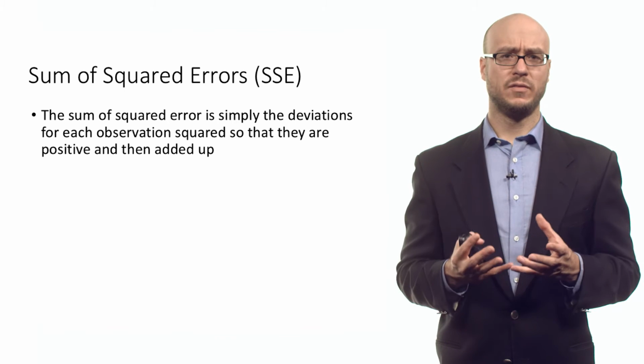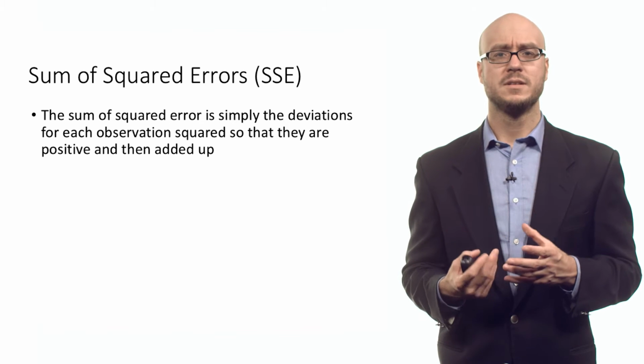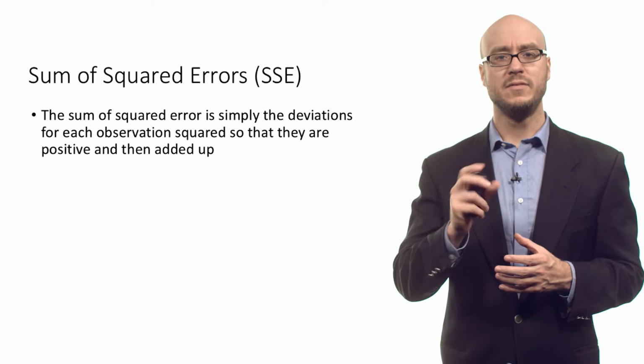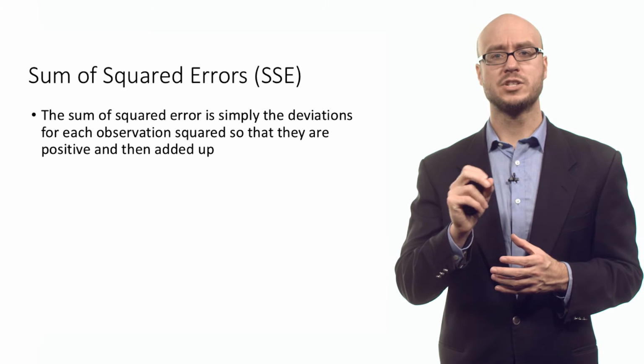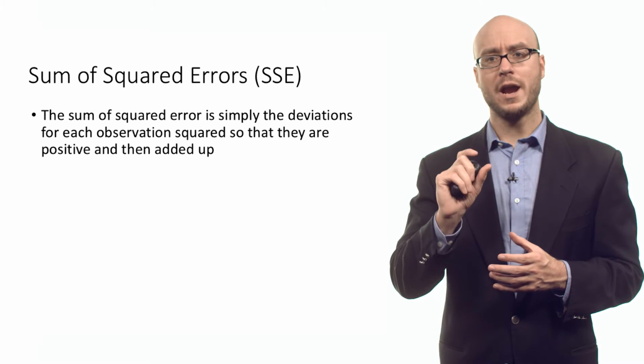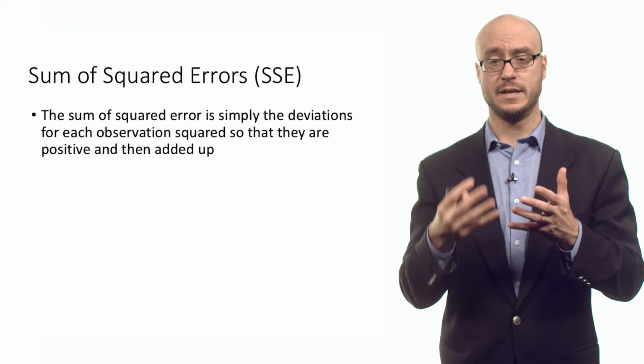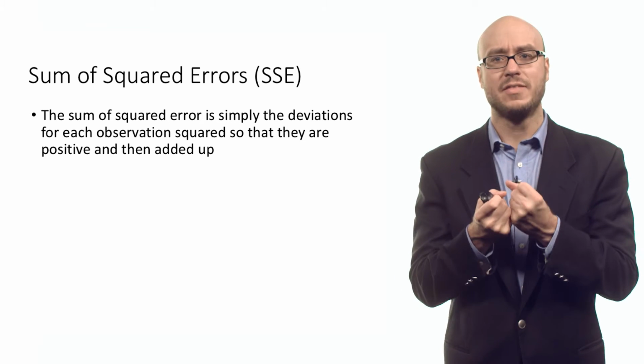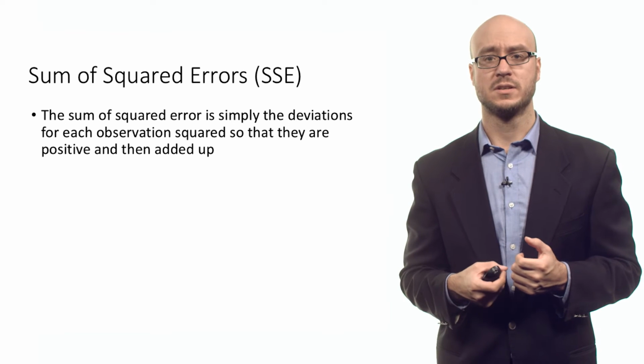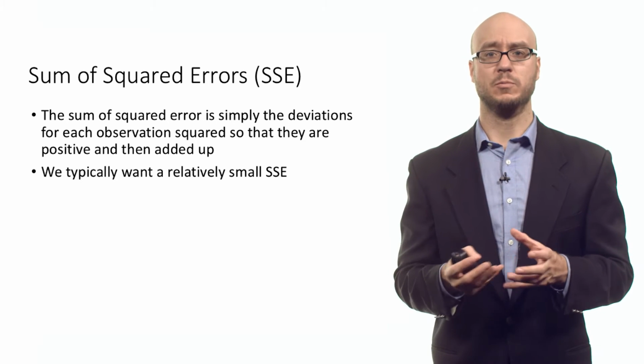So intuitively, you can think of the sum of the squared errors as simply the deviations or distances for each observation squared so that they're positive, because we want to make sure that they don't cancel each other out. And then we just add them all up. We take these deviations for each observation and we square them.